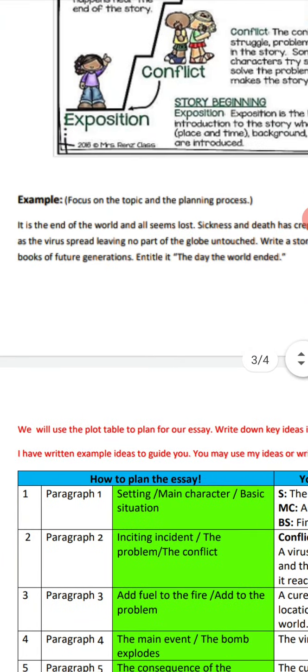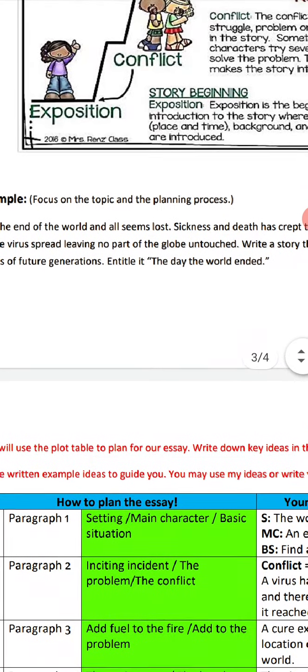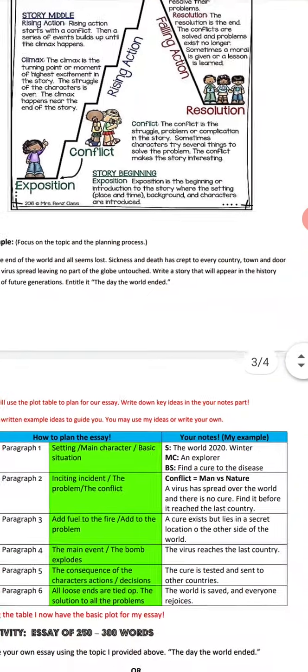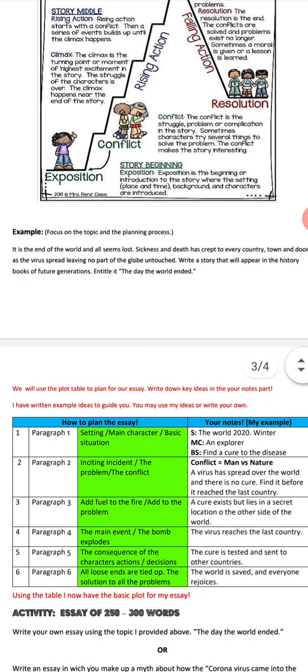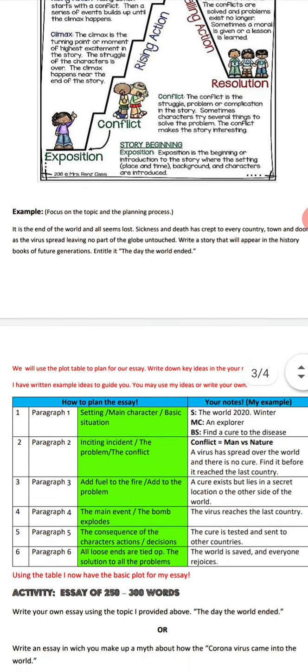The end of the world and all seems lost, sickness and death has crept to every country, town and door as the virus spread, leaving no part of the globe untouched. We are talking about the coronavirus. Maybe write a story that will appear in the history books of future generations entitled the day the world ended. So this is the kind of situation that you have to expose in the first paragraph.